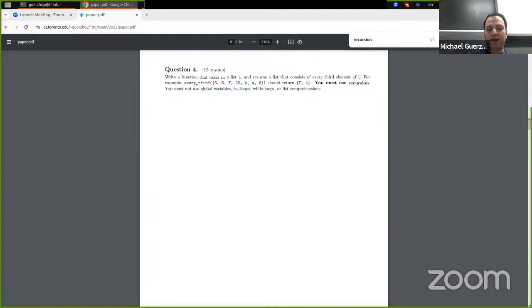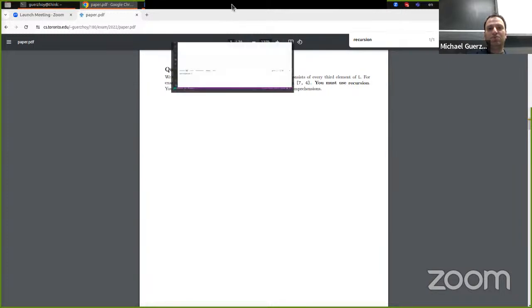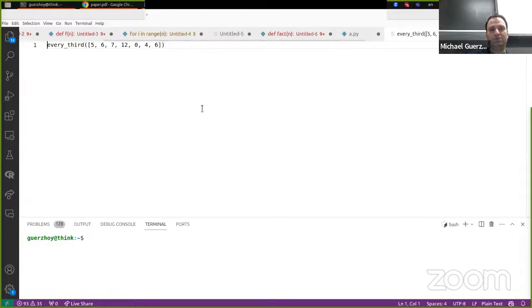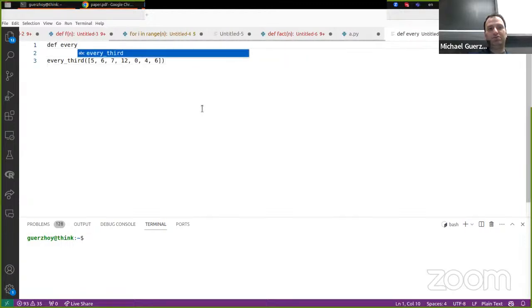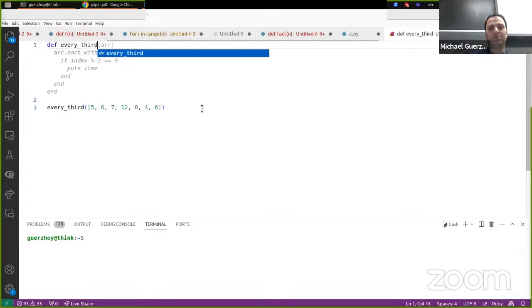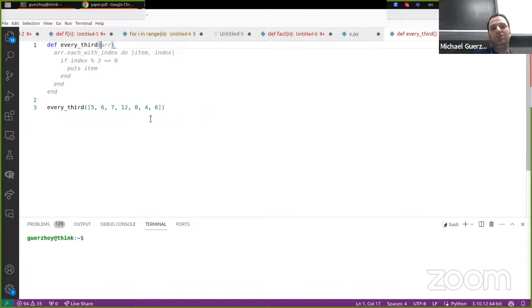What's not banned is default variables, though I think we haven't done those this year. So what you can do is keep track of what's going on in another parameter. Another thing you can do is advance by 2 every time. So slicing, I think, was not bad, right?